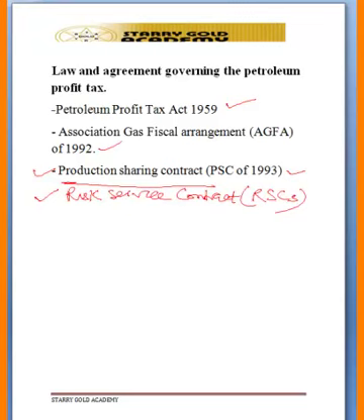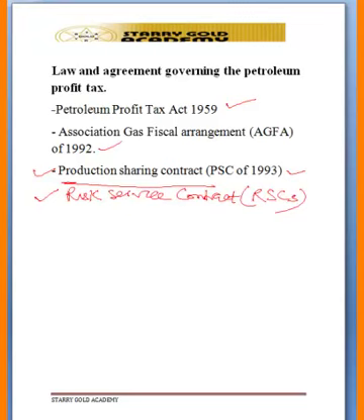Just like the production sharing contract, the NNPC does not have title to the oil deposit. The company carries on exploration, development, and production activity on behalf of the NNPC, at its own risk. So it provides the risk capital and technical expertise.